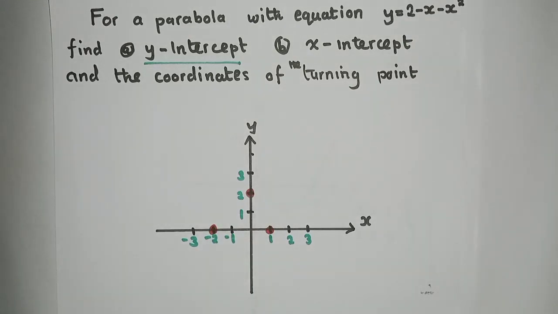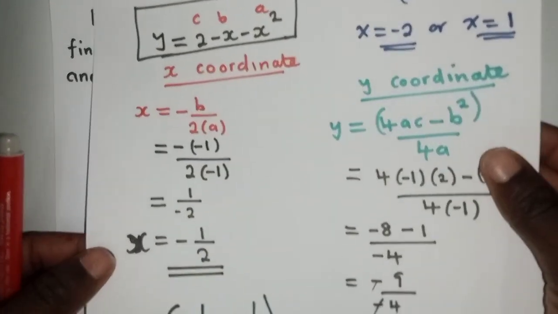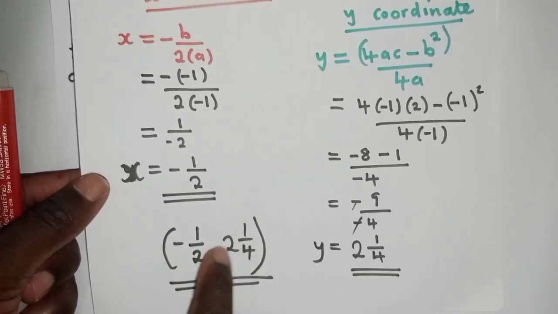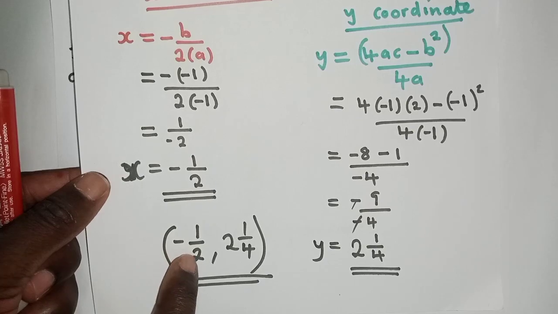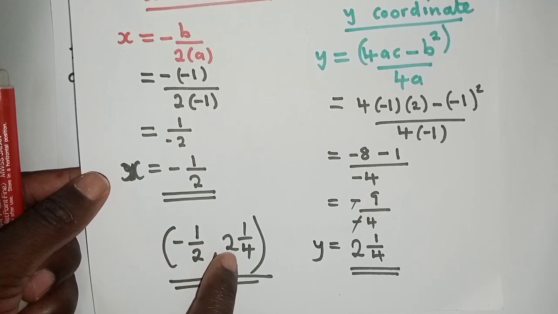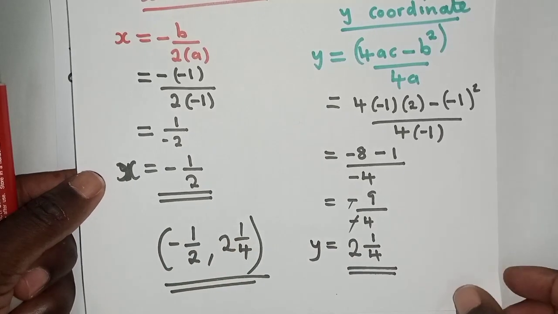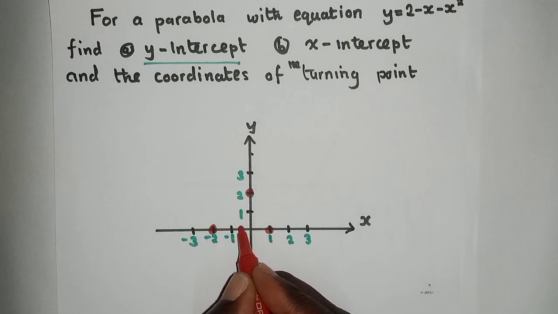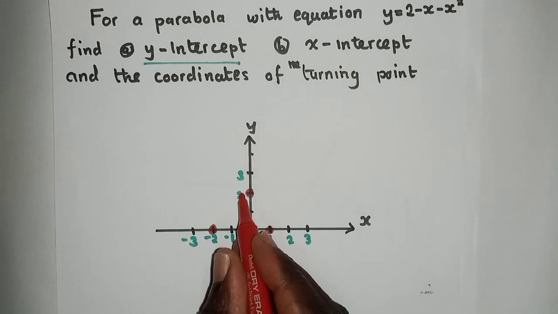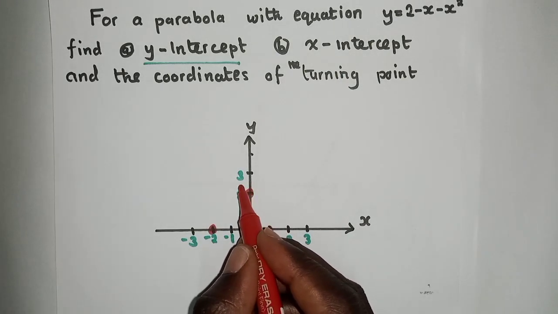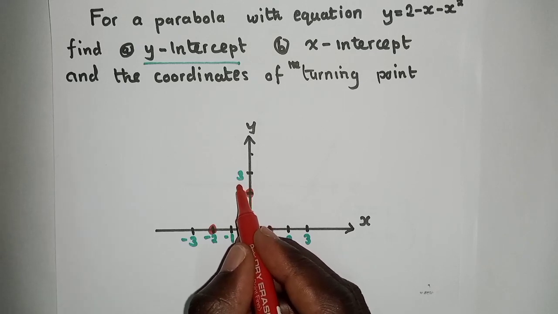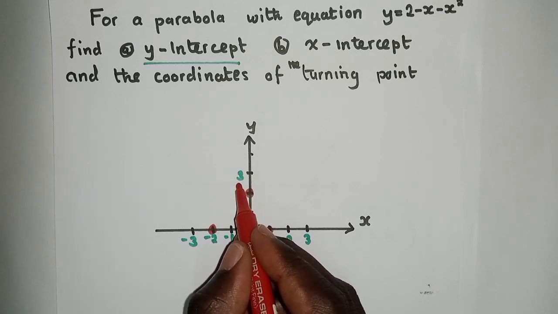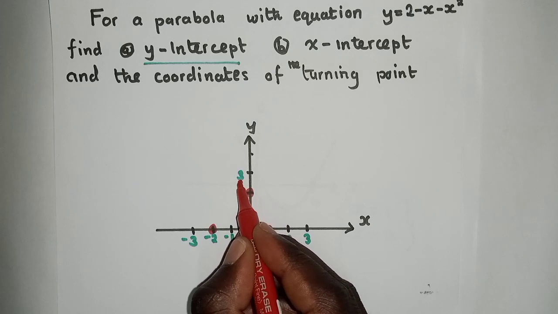What is our turning point? We just found right here the coordinates of the turning point. We found -1 over 2, 2 remainder 1 over 4, of which -1 over 2 is half, so it's somewhere here, and 2 is right here, remainder 1 over 4, so it's somewhere here.